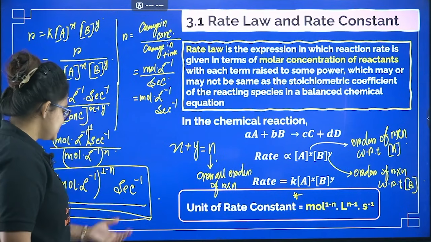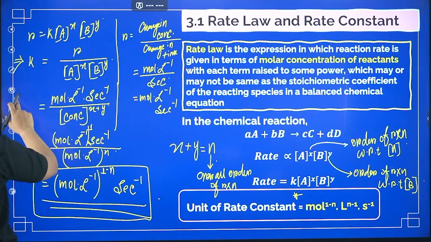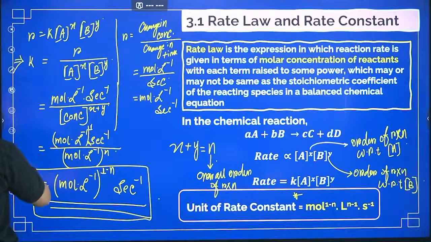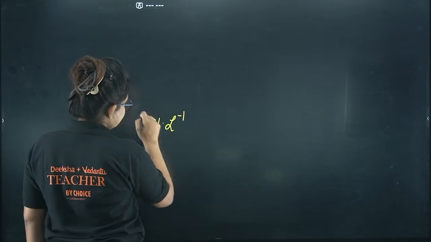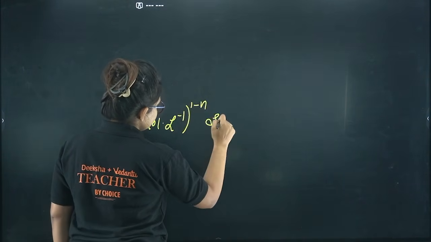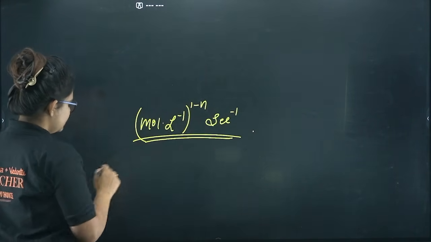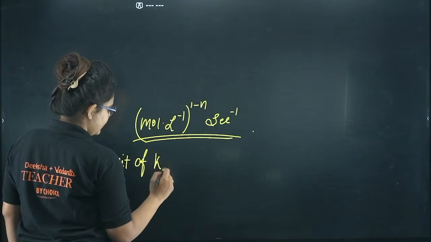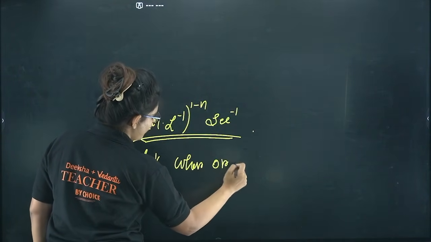So let me just take one example. Here you can see mole per liter to the power 1 minus n, second inverse. This is my formula. Now I am asking, tell me the unit of k when the order is 4, let's say.